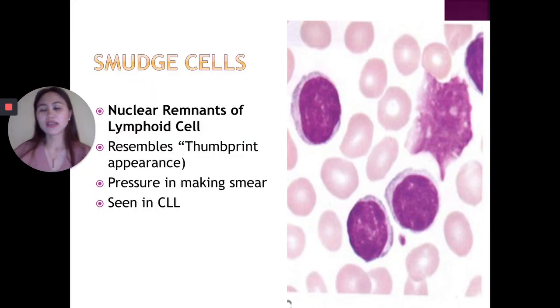So there you have it, the abnormal RBCs and WBCs. If the pictures of abnormal RBCs and WBCs that I have discussed are not enough to complete all those circles in your worksheets, you can always refer to your hematology atlas or any hematology book.